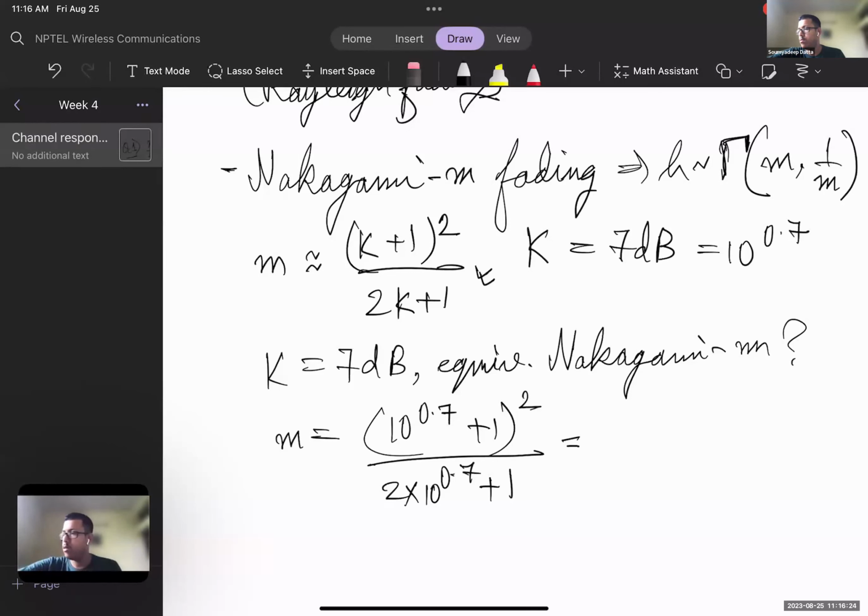Yes, I think for me it's coming out to be roughly 3.28. And so when I use the Nakagami m shading, I'll just round it off to something like 3.